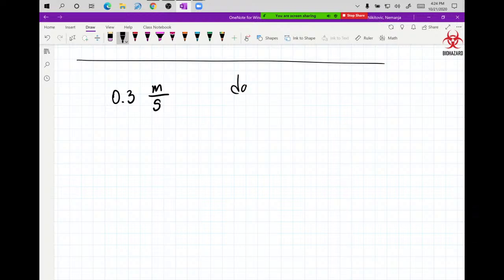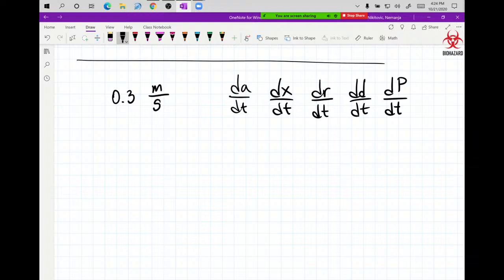This has to be dA dt, dx dt, dr for radius dt, dd dt for the diagonal, dp dt for perimeter. It could be any one of these because I didn't read the question. I just saw the units.